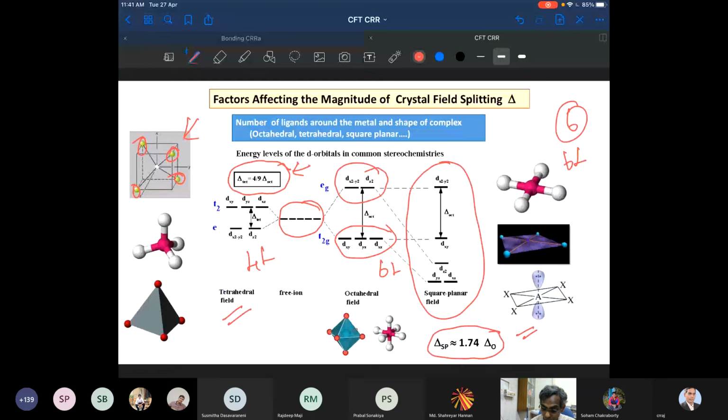Here, briefly, my next slide will be tetrahedral. So tetrahedral is less than del O, and square planar is greater than del O, almost 1.74 times del O.